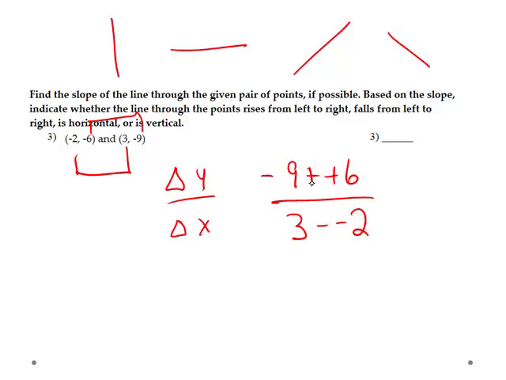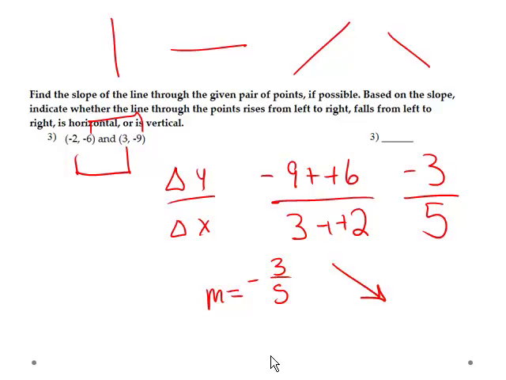So this is the same as plus 6, which makes that -3. And this is 5. So our slope is -3/5, which falls from left to right.